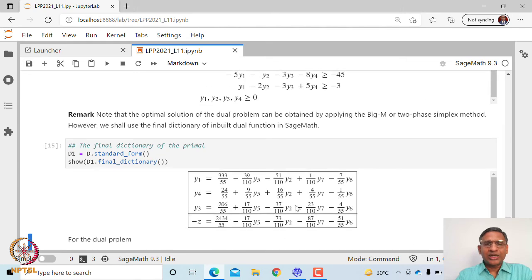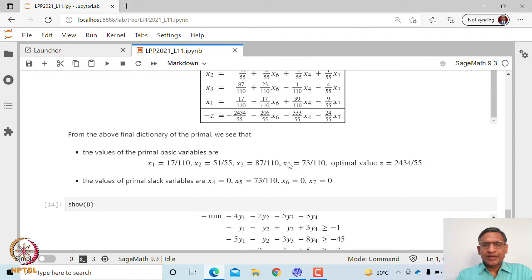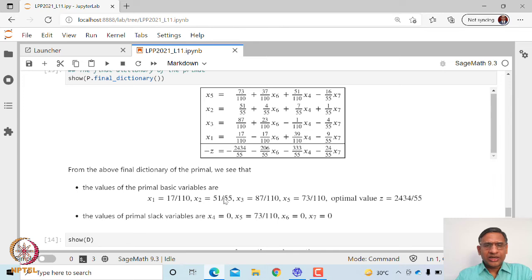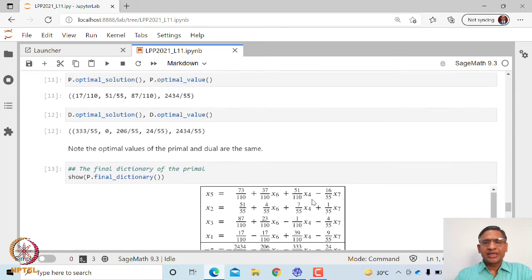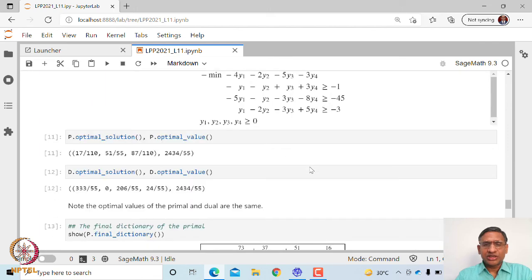Similarly, in case of the primal, look at x5. x5 is a slack variable, right? The first slack variable is x4, the second slack variable is x5. So the second slack variable x5 is positive.